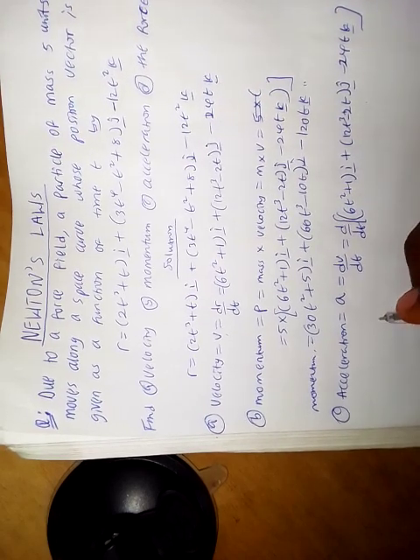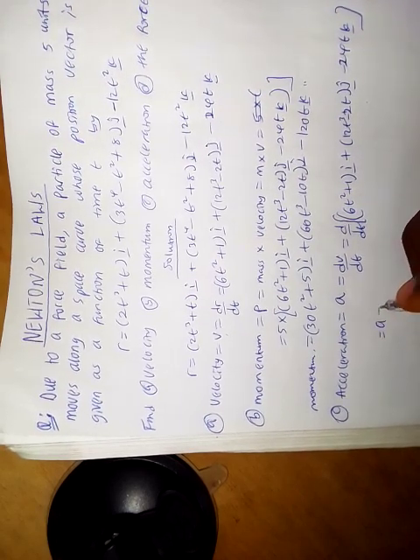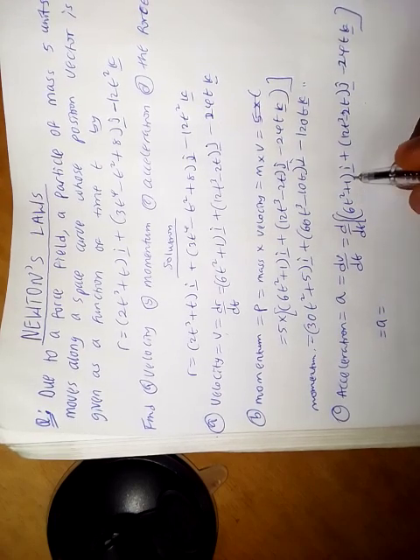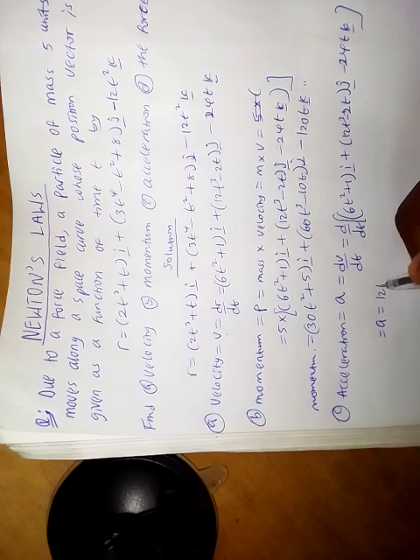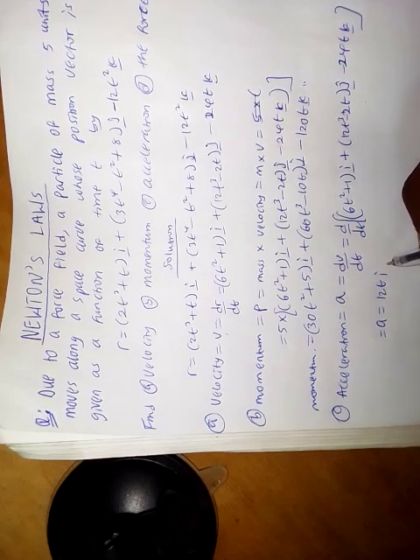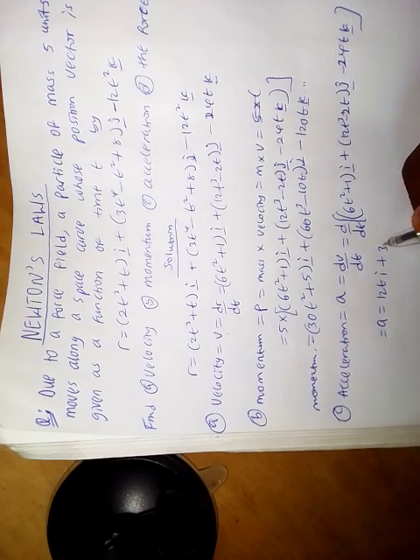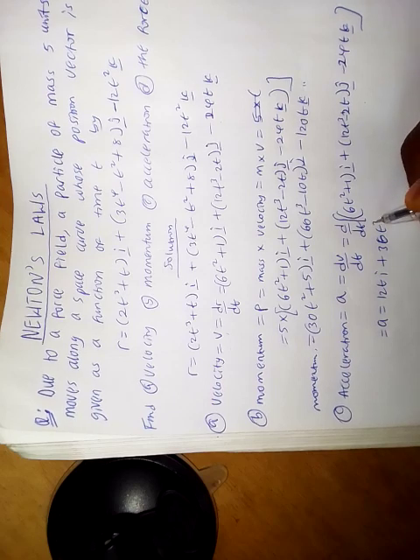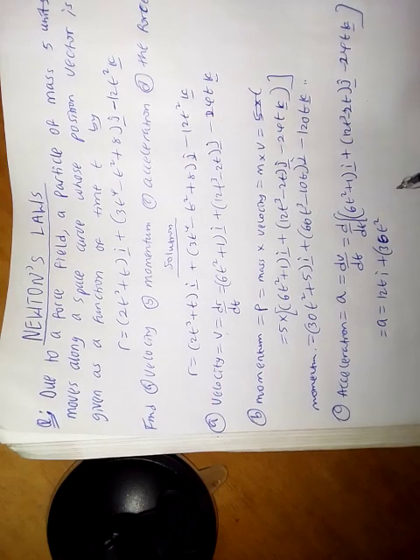So we now differentiate with respect to time. The first part is 12t i, plus (36t squared minus 2) for the j part.